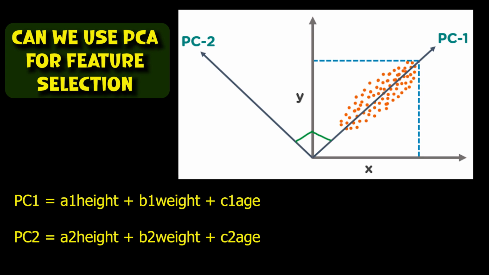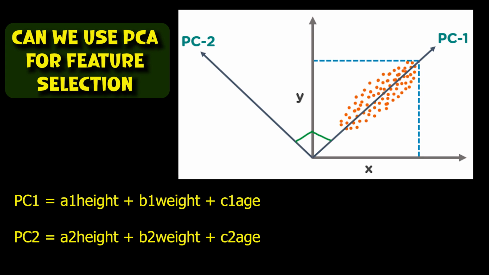And here the coefficients A1, B1, C1, A2, B2, C2 represent the contribution of each of the original features to the principal component. These coefficients are calculated such that the variance explained by each principal component is maximized.